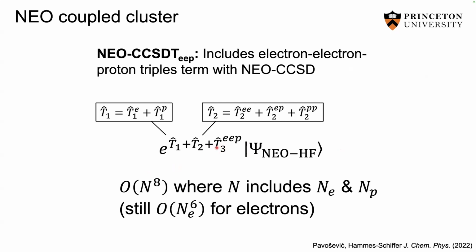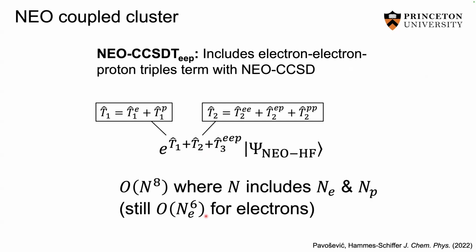This is a triples term, so in principle, it brings it to the same scaling as full non-perturbative coupled cluster with singles, doubles, and triples, which would be N to the 8th, where in this case, again, N includes both the electrons and the protons. But because this is only a term involving mixed excitations between electrons and protons, each of the sets of excitations including just one type of particle, like the electronic excitations, are still N to the 6th, because we're only treating the electron-electron correlation up to doubles.